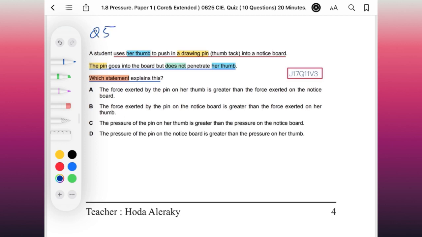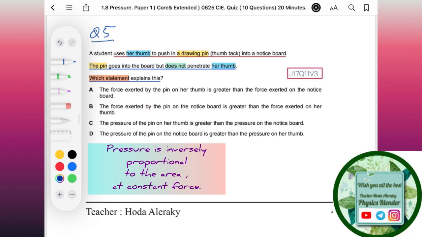Question 5. A student uses her thumb to push a drawing pin into a notice board. The pin goes into the board but doesn't penetrate her thumb. Which statement explains this?